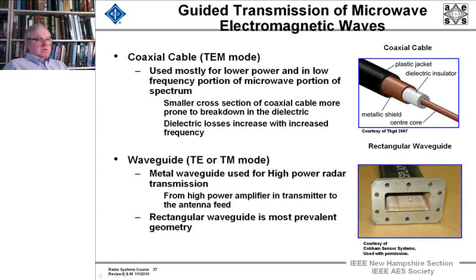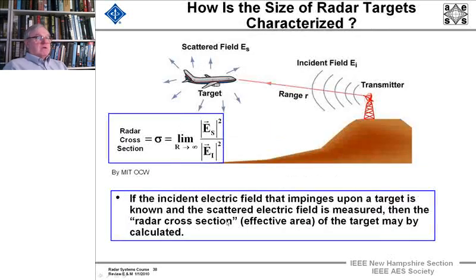It has some losses, and we'll get into those when we discuss transmitters and transmission lines. Metal waveguides are used for high-power radar transmission from the high-power amplifier and the transmitter to the feed, and rectangular waveguides are the most prevalent ones. We'll go into more details of this later.